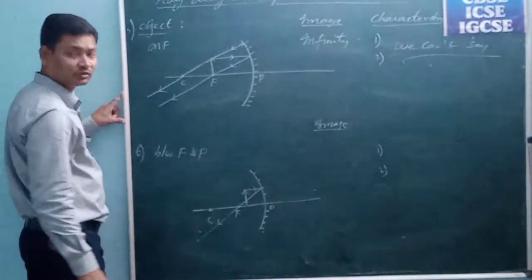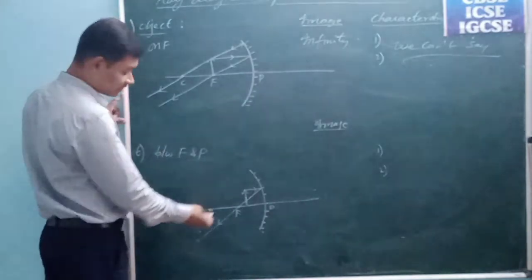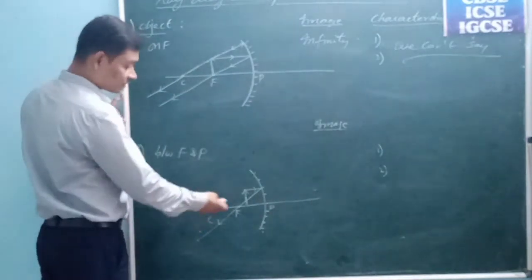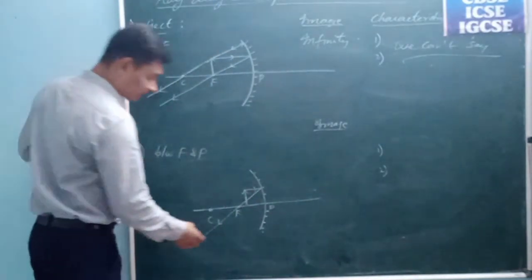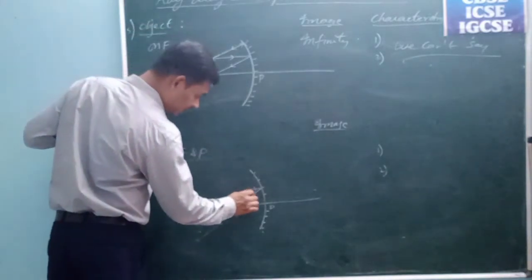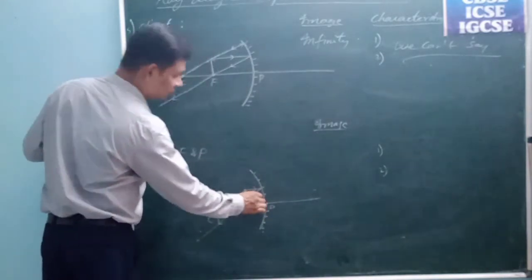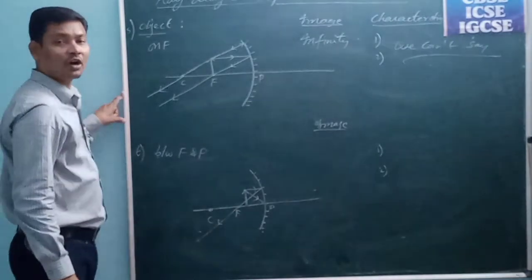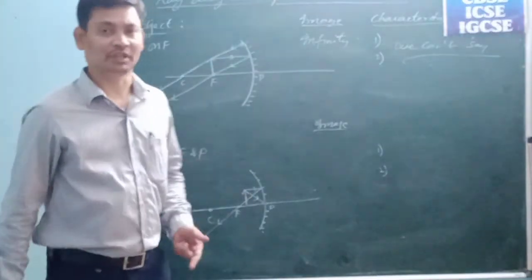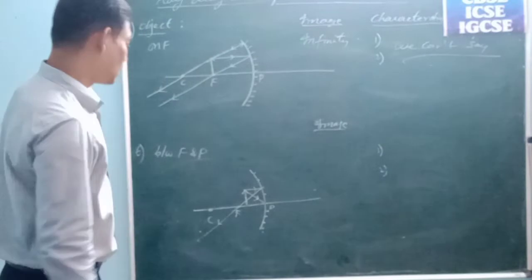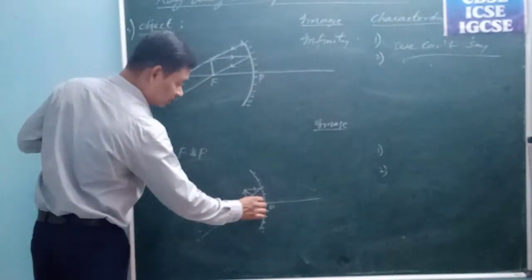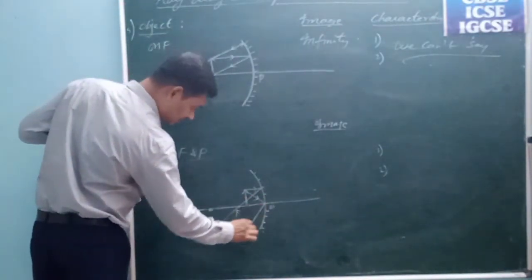Now the second rule we cannot follow, as we have crossed the focus. So the third rule, and okay, the fourth rule I am following here. The fourth rule is if the light ray falls on P, its angle of incidence is equal to the angle of reflection.